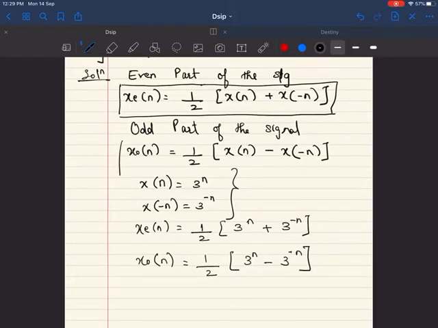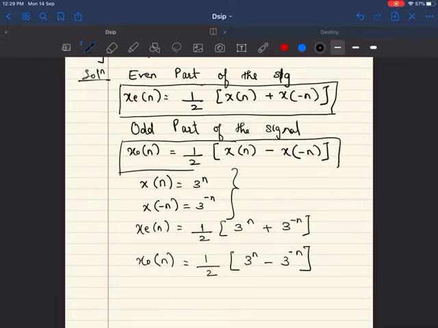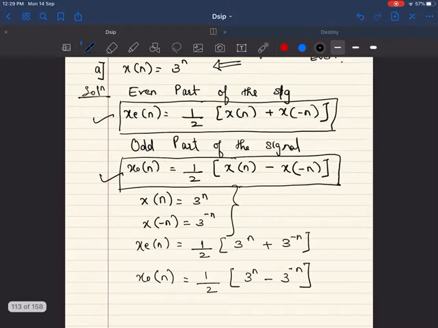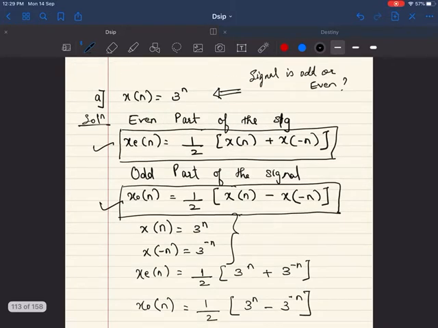The odd part of the signal is given by the formula x o of n is equal to half of x of n minus x of minus n. These are the two formulas that you have to use when you determine whether the signal is odd or even, or when they say write the even part or odd part of the signal.